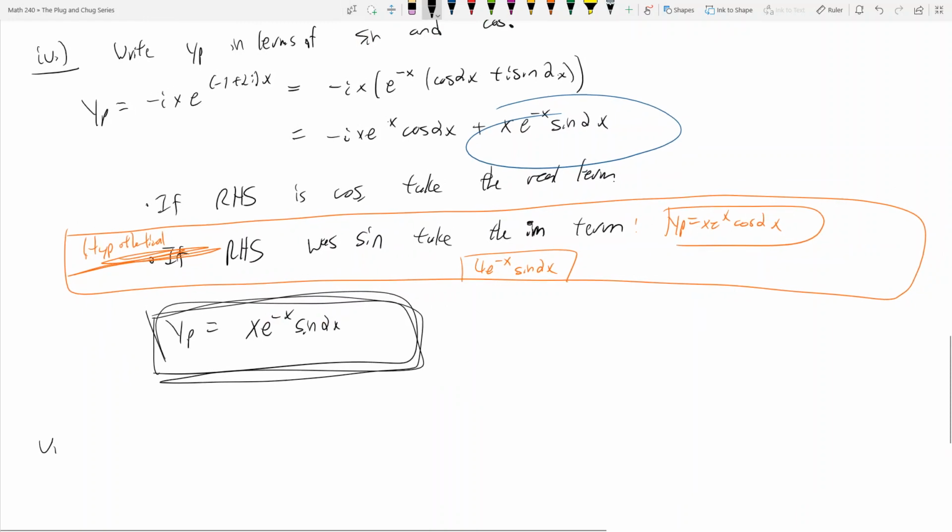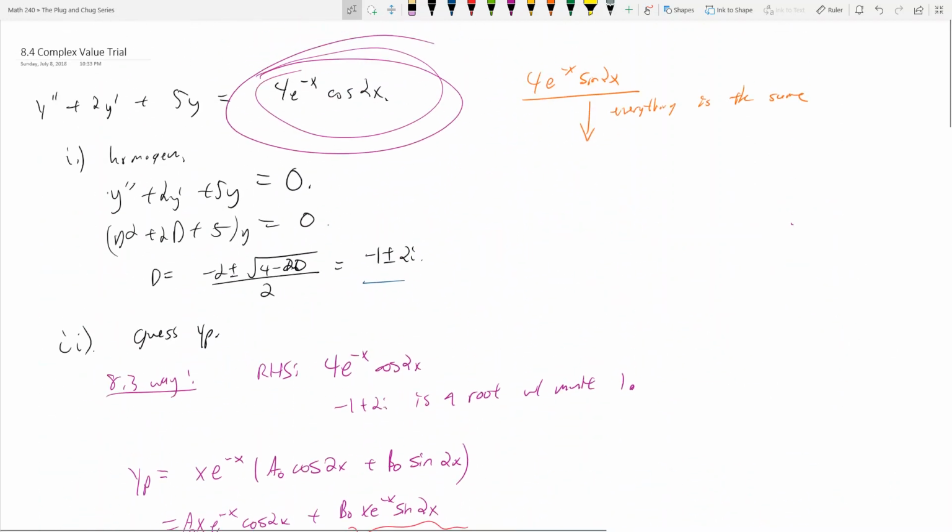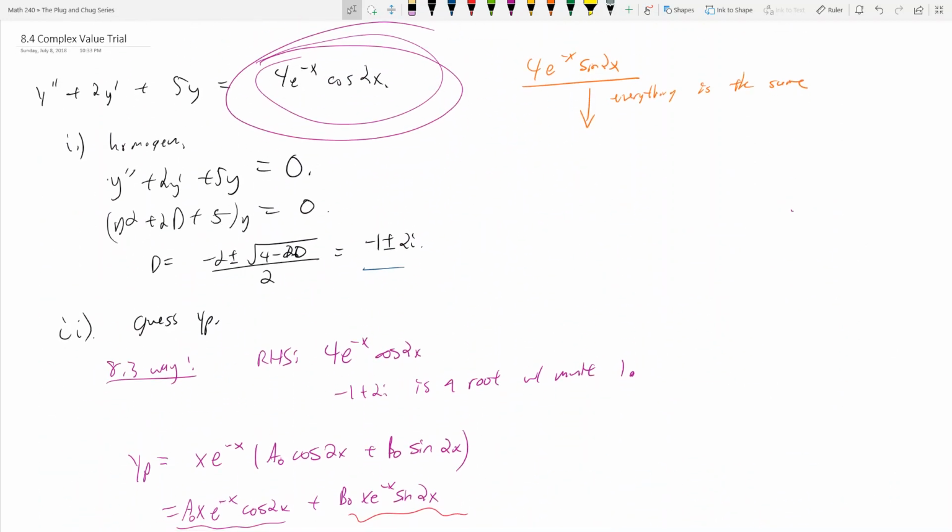So part 5, we throw it all together. All right. And so now we take our homogeneous, which is a e to the negative x cosine bx plus b e to the negative x sine bx.